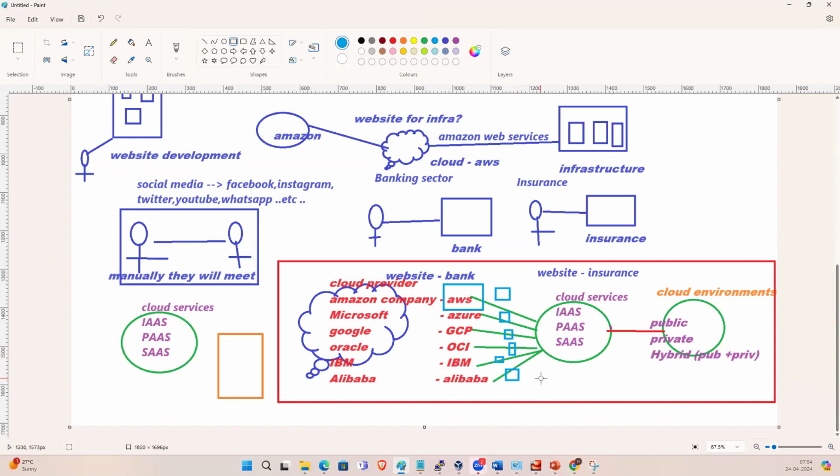The functionality is the same, but the naming convention is different. So if you learn any one of the clouds, it is easy to understand the other clouds. They provide the cloud services IaaS, PaaS, SaaS, and the environments public, private, hybrid.